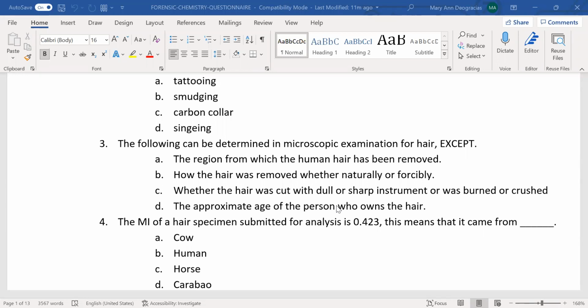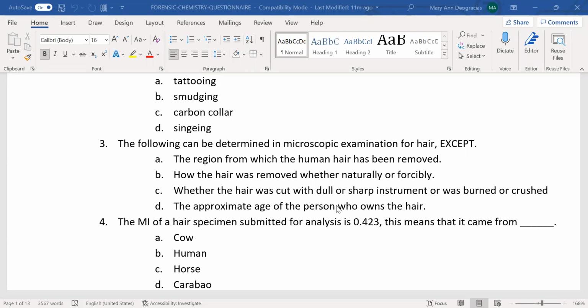This means that it came from, yes, letter B. So, it was discussed last time that in order to compare the human hair and that of the other animals, human hair is with an MI which is less than 0.5, and then for animals more than 0.5.